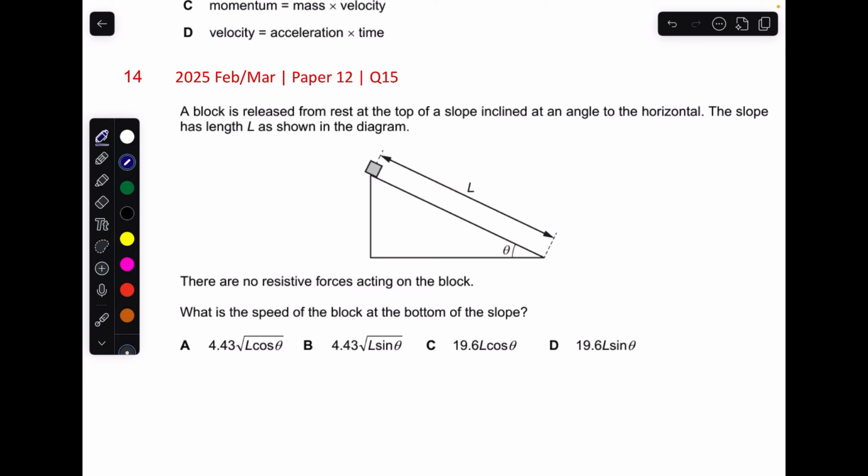Okay, so when the block is at the top, it will have GPE, that is mgh, right? And as there is no friction, all of the GPE will be changed into the kinetic energy, half mv square.